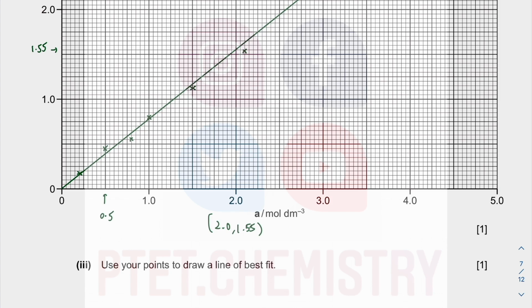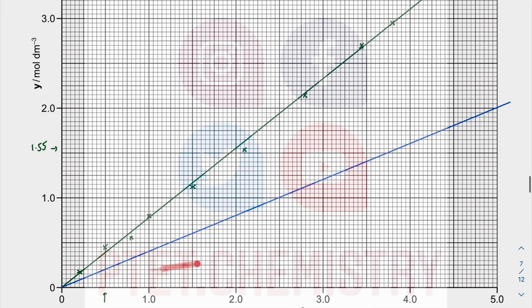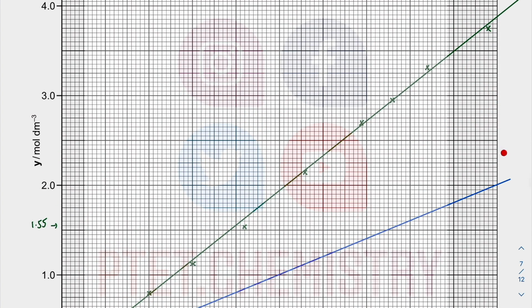You don't use a different colored ink, you just use one color, and it doesn't matter whether I've drawn this or this or this, as long as you have a less steep gradient.